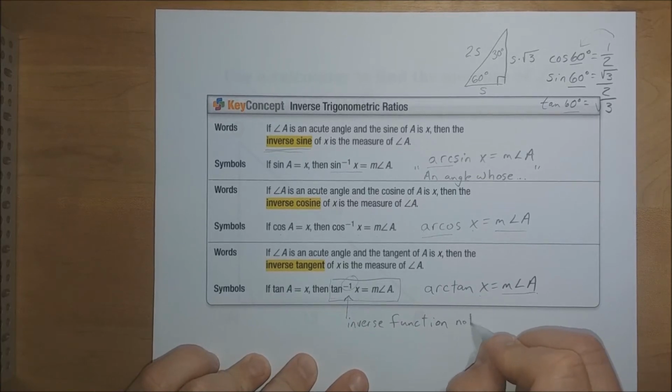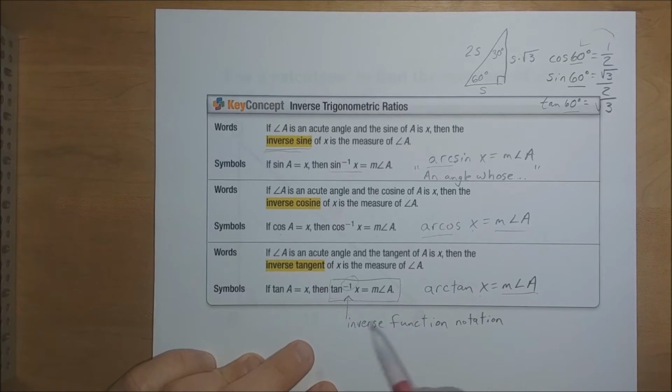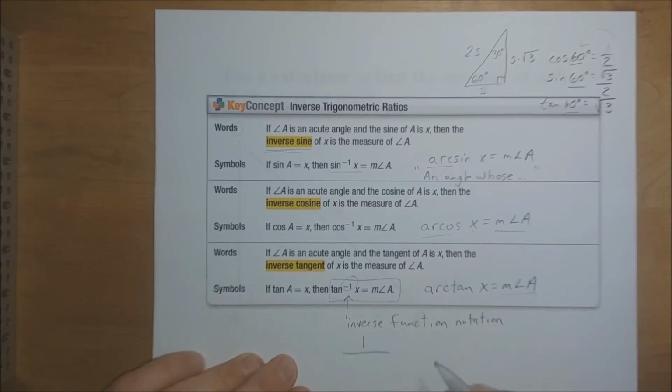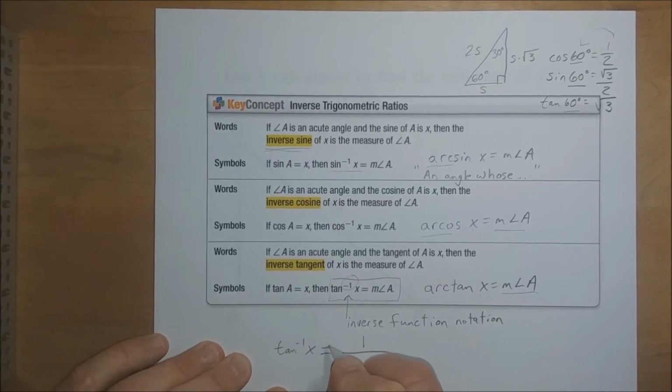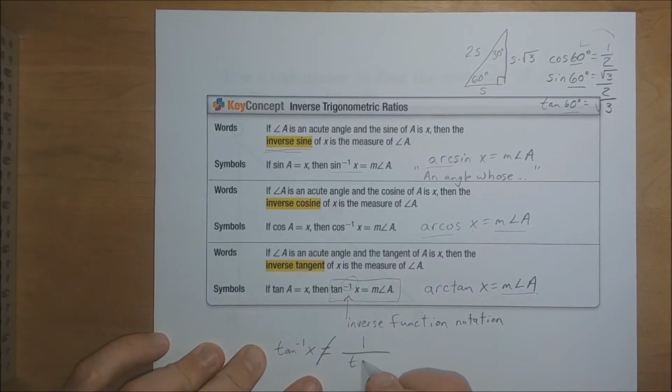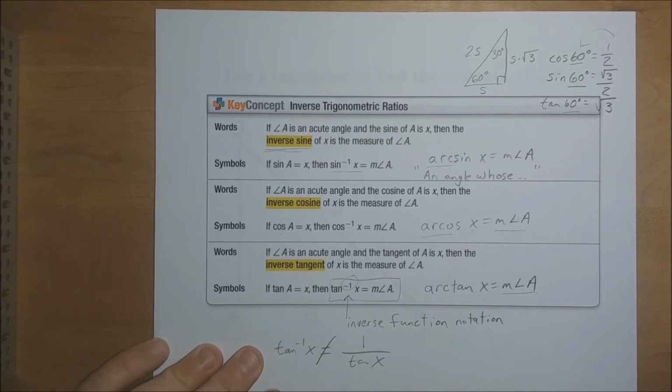That's inverse function notation, not to be confused with a negative exponent, which would imply that you would put 1 over the tangent of x. That's not what that means. Let's write that out right now. This does not equal 1 over tangent x. Not the same thing.